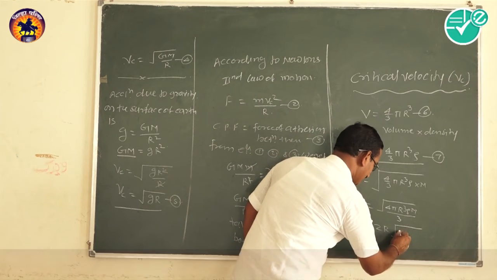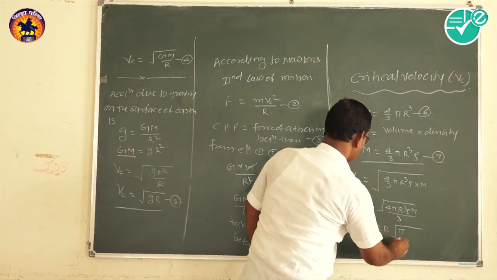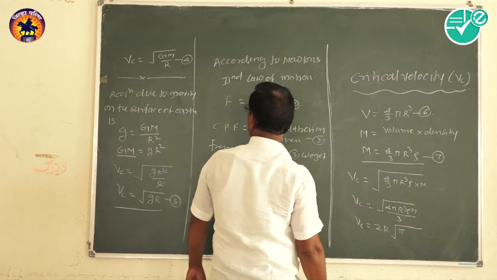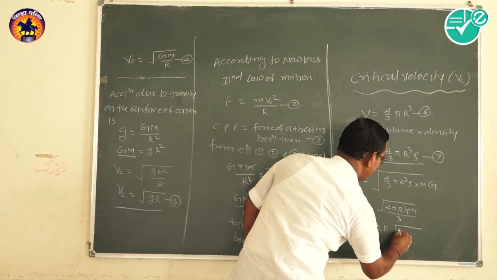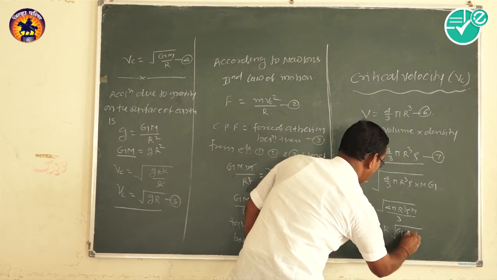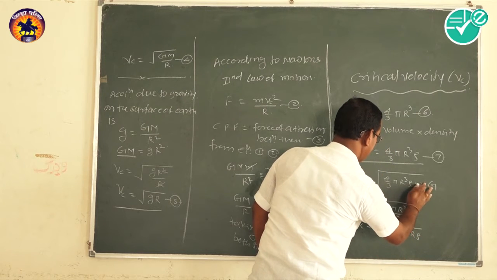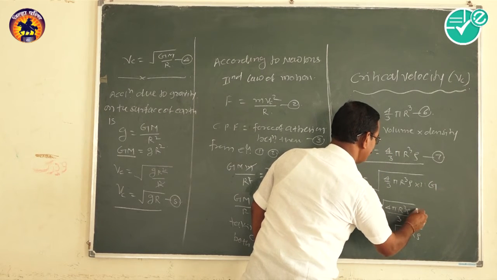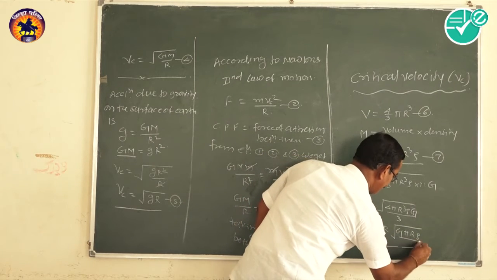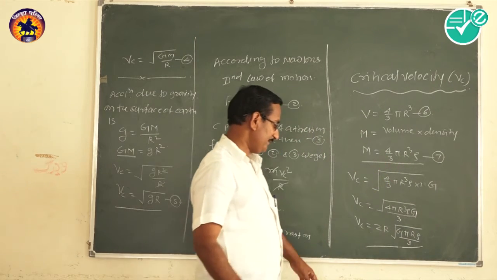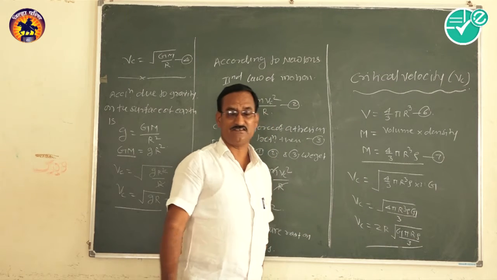Remaining is 2r under root G pi rho upon 3. That is the required expression for the critical velocity in terms of the density rho.